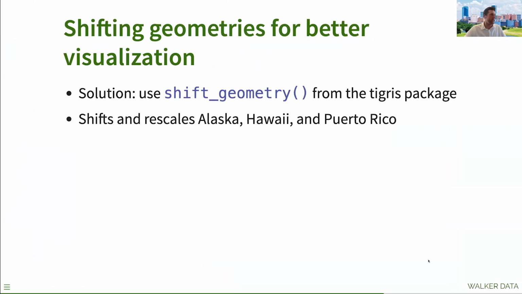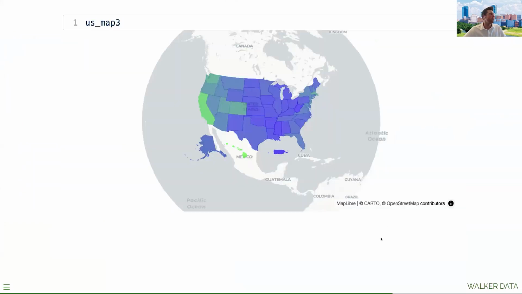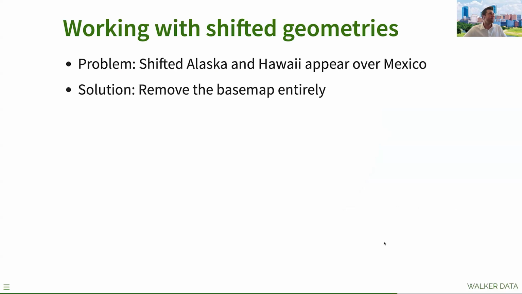So there's a couple different ways that we can deal with this. The general solution is let's just get rid of the base map. Because frankly, if we have a US map and we're assuming an audience that understands basic US geography, the base map isn't necessary. And there's some other things that we can do to fix that.